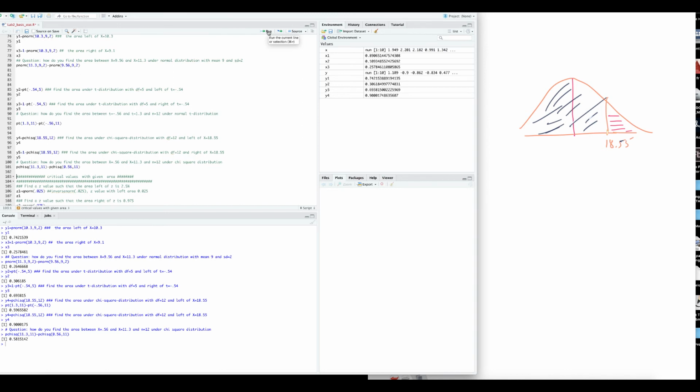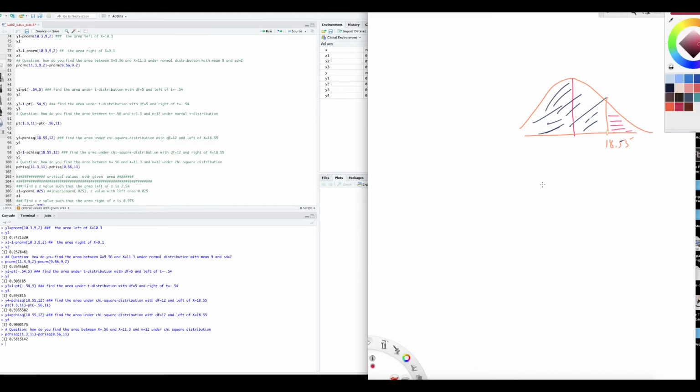It is 0.5815. Let us say the value 0.56 is maybe somewhere here, and 11.3 is somewhere here, and you are finding this area. That is the calculator syntax that you use to find the area.